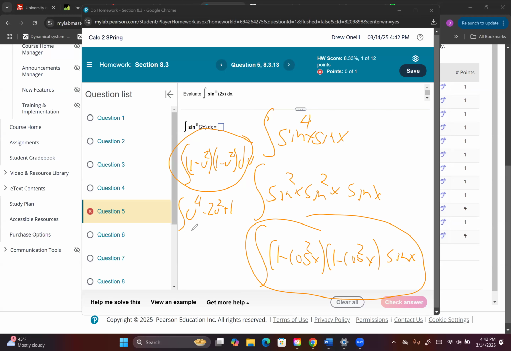Okay, that's just u to the 5th over 5 plus 2 2/3 u cubed plus u. And then I substitute back what I picked for u, which was cos. Okay, so it becomes cos to the fifth over 5 cos cubed plus cos. Okay, so that's the idea.